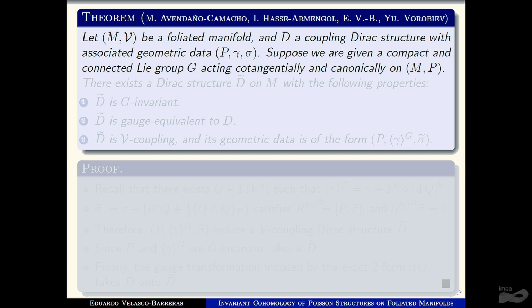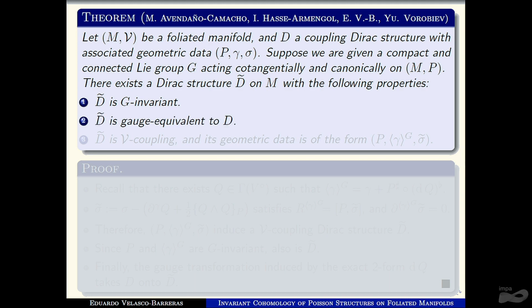Then we assume that we have a compact and connected Lie group acting canonically and cotangentially, just as before, on this Poisson manifold. Then we have a new Dirac structure with the following properties. It is G-invariant, it is gauge equivalent to the original Dirac structure, and this Dirac structure is coupling, and its geometric data is of the following form.